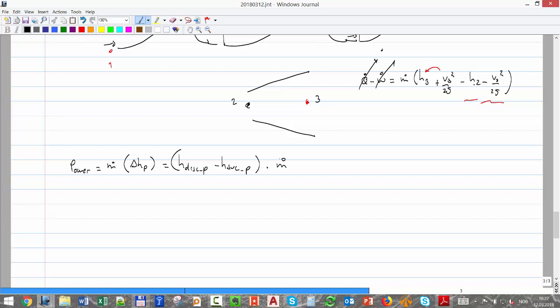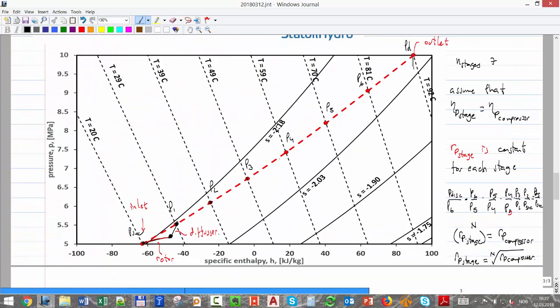That will be the power if and only if I'm able to transfer all the shaft power, with an electrical motor moving that machine, to the fluid with no losses. That will be the energy that I will need: just the difference in enthalpy from this point to that point.